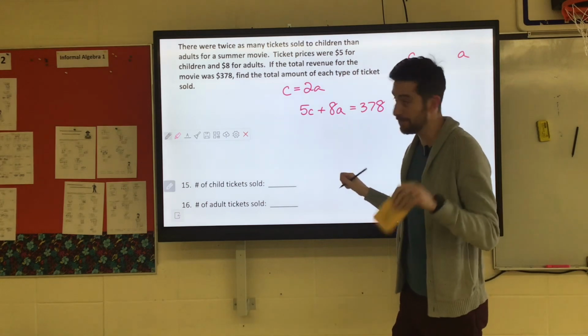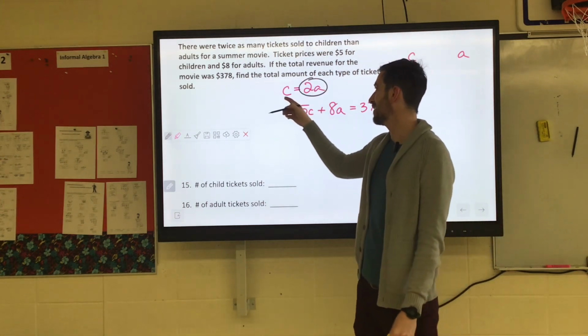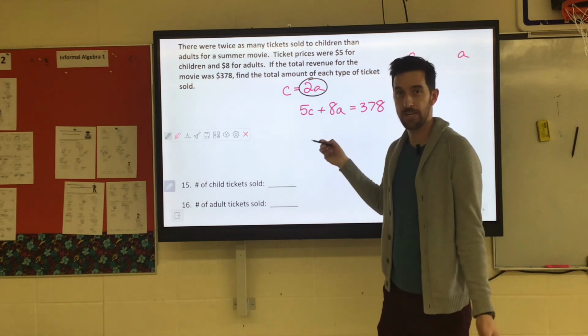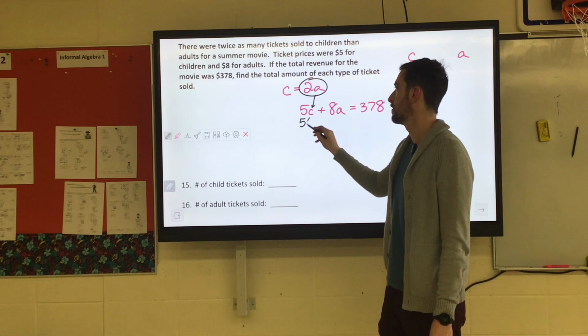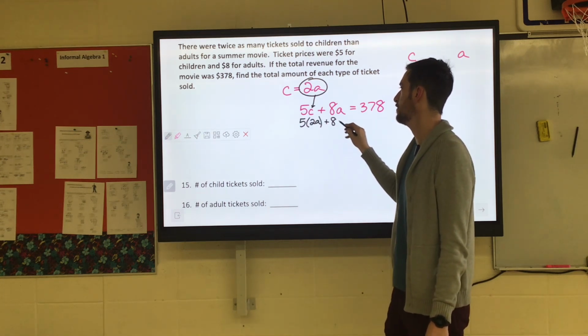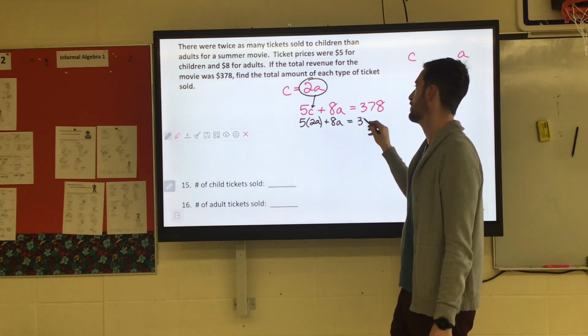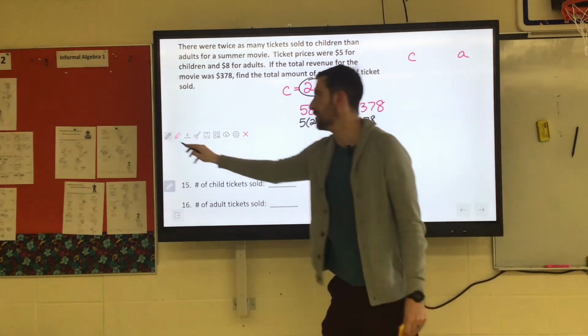Remember that old thing? Anytime we see a C in the equation, we can substitute in 2A in its place. And remember, the whole reason we do that is because we want it to be all the same variable, all the same letter. Now they're all A's.